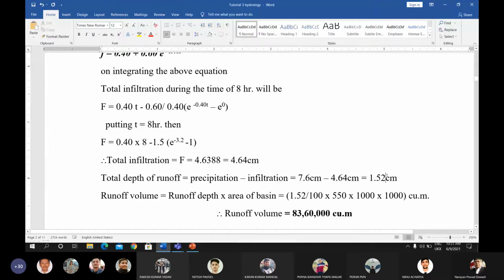7.6 minus 4.64 gives the value 2.96, and this value will be 2.96 centimeter.